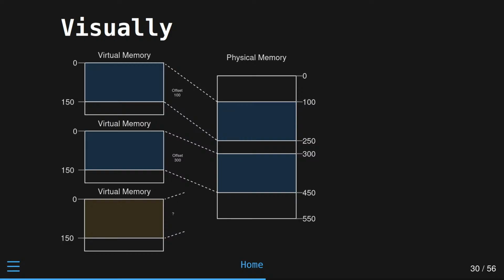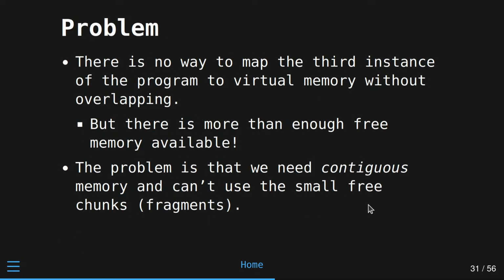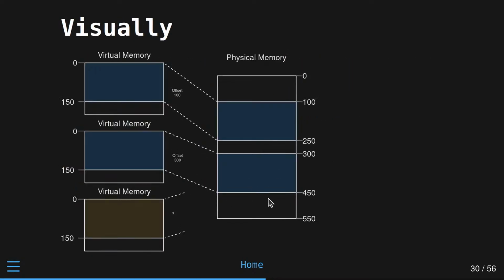This is called fragmentation. Why? Because by placing in the segments, we create fragments, so something of the subsegment size, and these fragments are wasted. They cannot be utilized, or they cannot be utilized easily. There is no way to map the 3rd instance of the program to virtual memory without overlapping. There's no way. This is not of size 150, this is not of size 150, this is not of size 150.